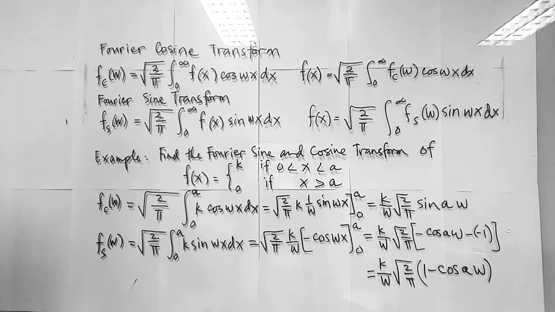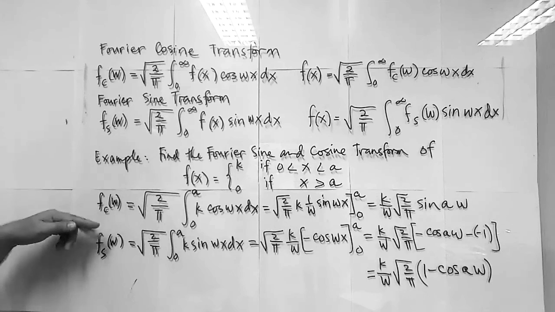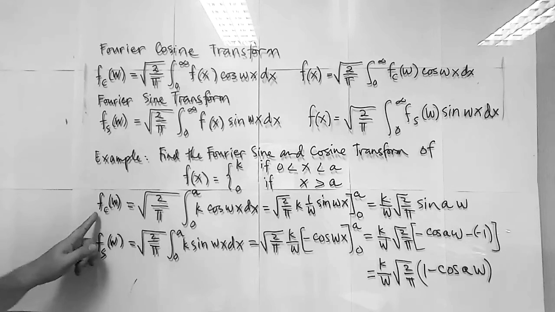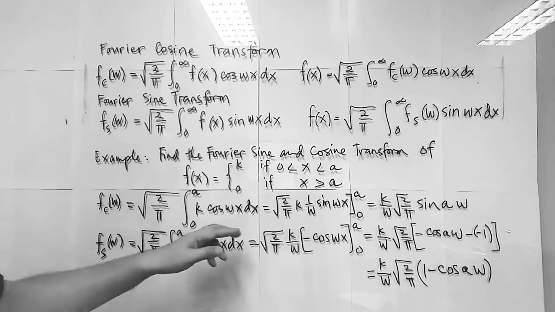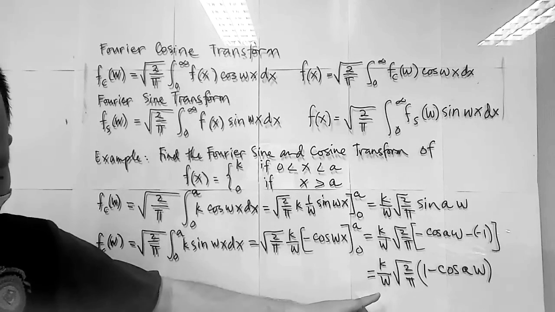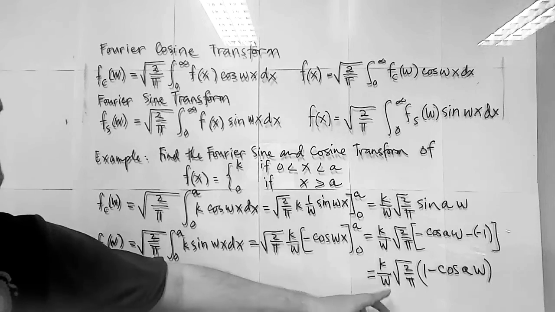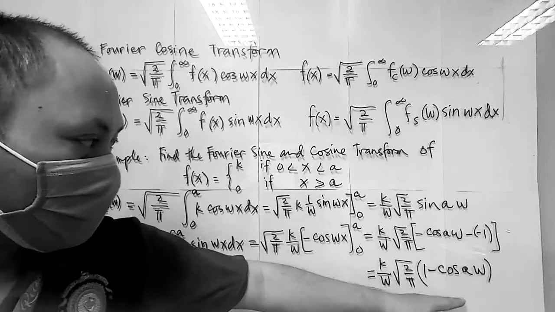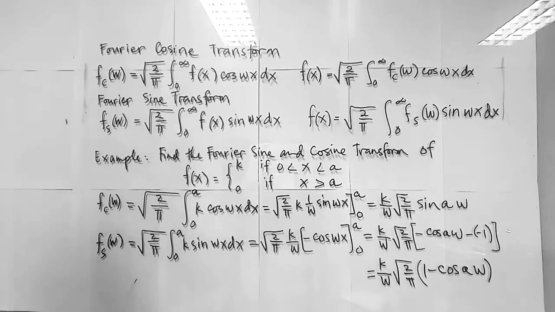So this is now our sine transform of this function, and the cosine transform of this function is equivalent to this one, k over w. So that is the Fourier sine and cosine transform.